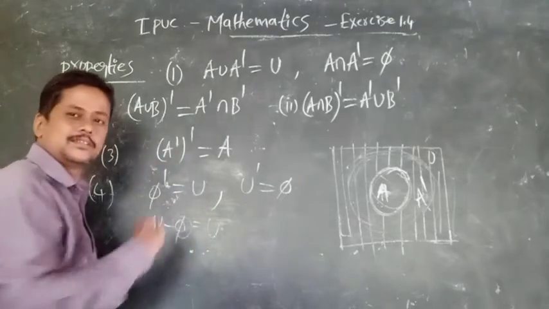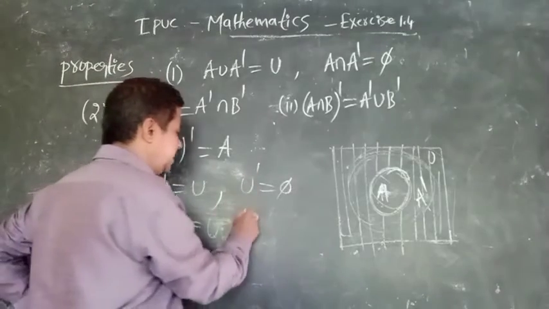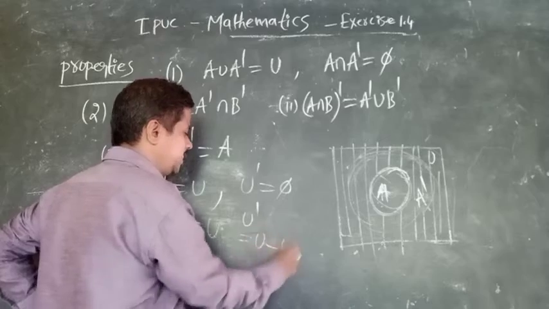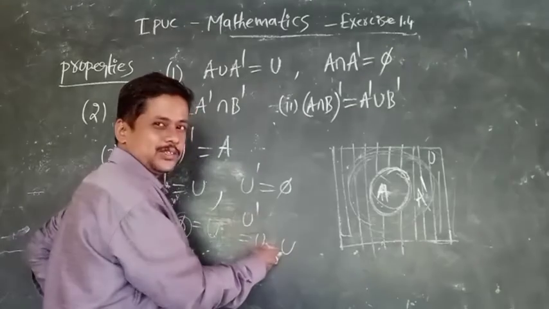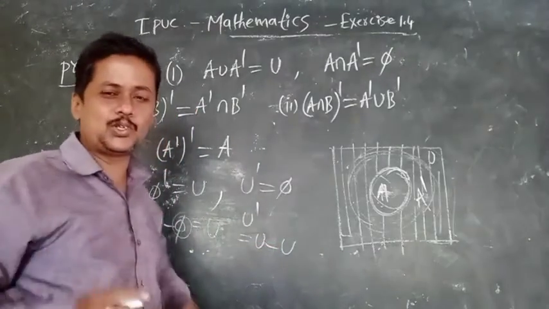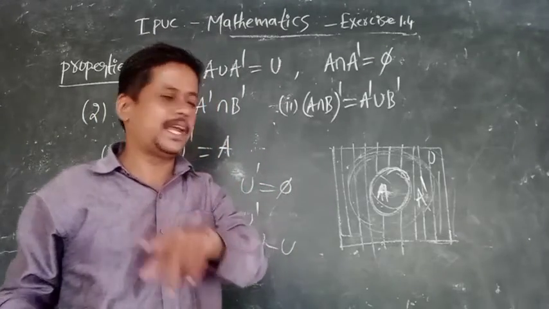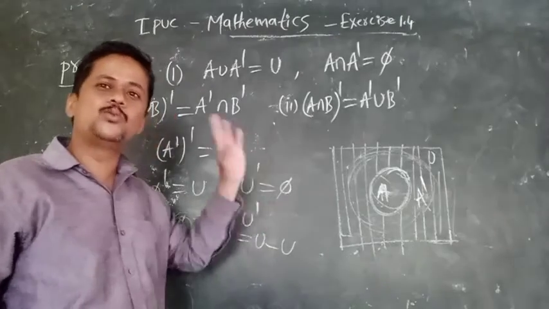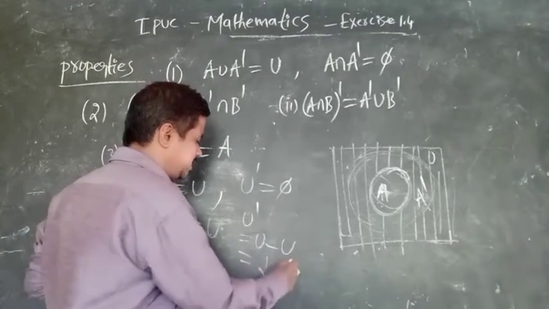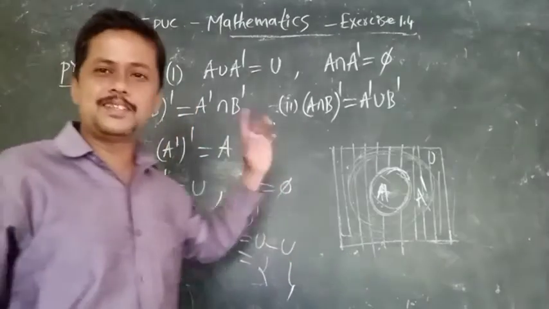Next, U dash equals to what? U dash equals to U minus U. Why? Because A dash equals U minus A, B dash equals U minus B. Like that, U dash equals U minus U, that is phi.